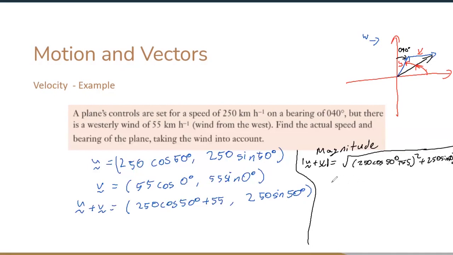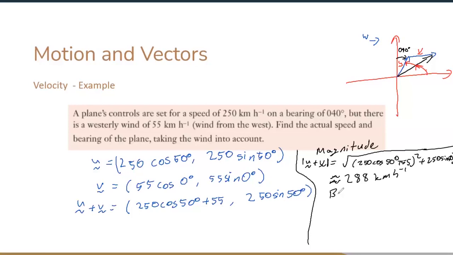And if you put that into your calculator, trust me, it's going to be approximately 288 kilometers per hour. So the plane is actually moving at a speed of about 288 kilometers per hour. So as we suspected, it's more than what was originally set by the instruments.